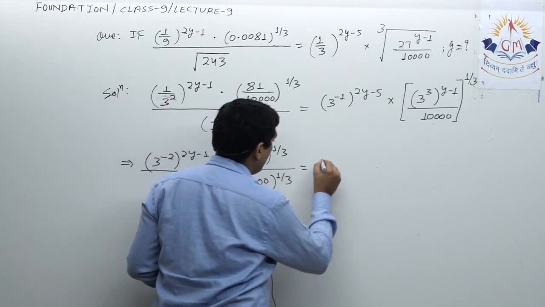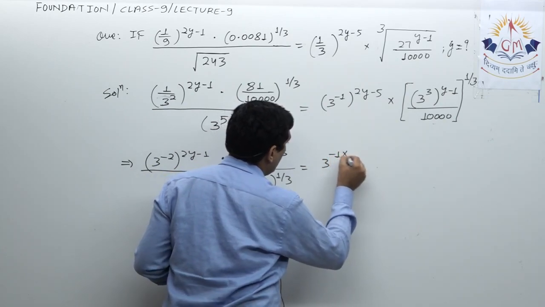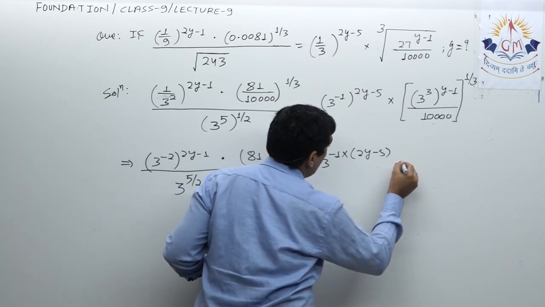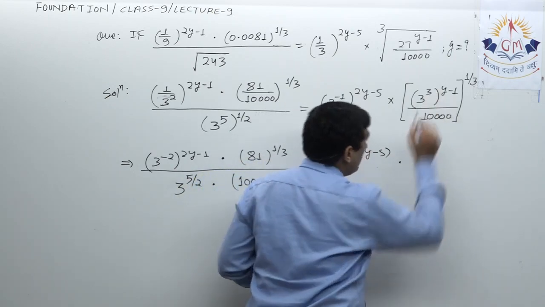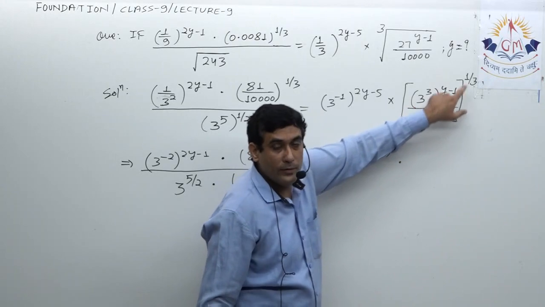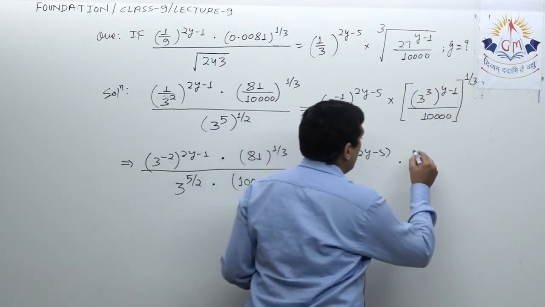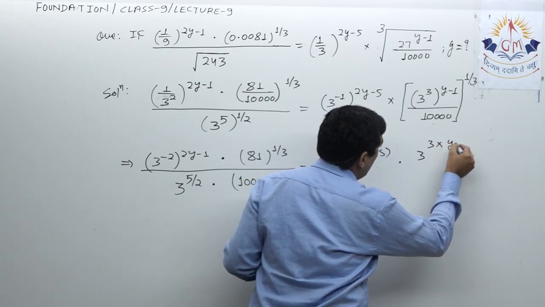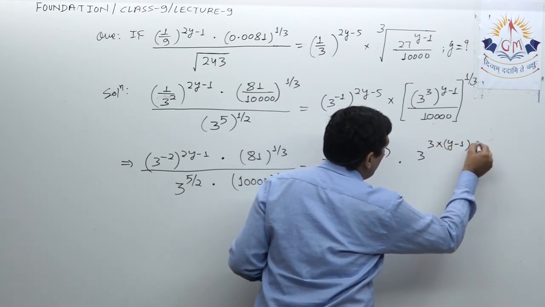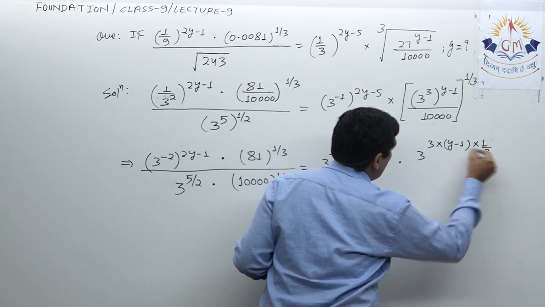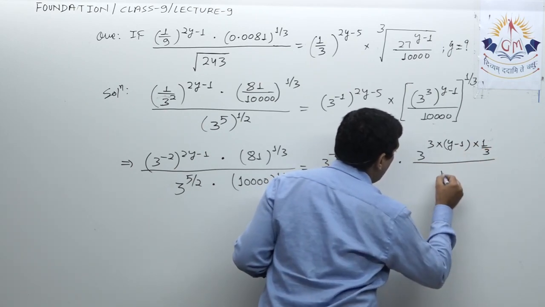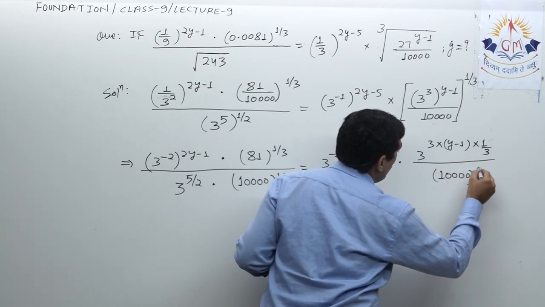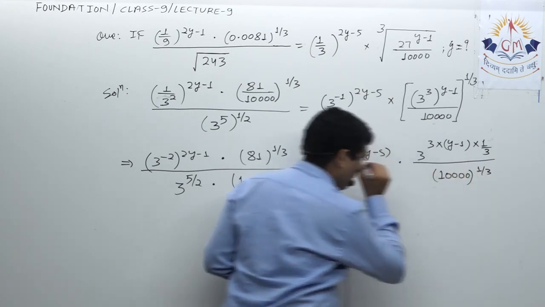Over here it will become 3 raised to minus 1 multiplied by 2y minus 5, multiplied by, now this numerator has a power, then again there is a power. So this will become 3 raised to 3 multiplied by y minus 1 multiplied by 1 upon 3, divided by 10,000 raised to 1 by 3.